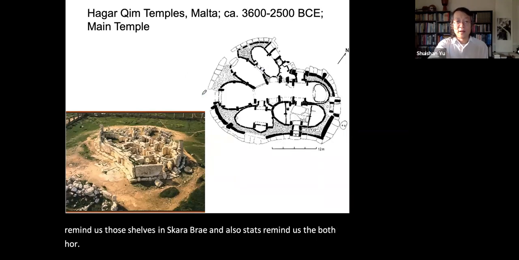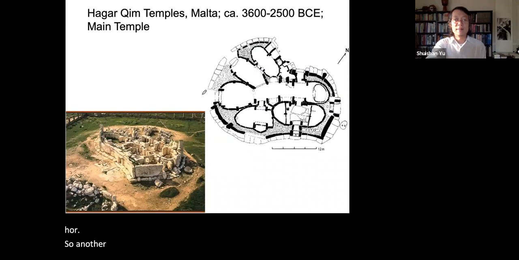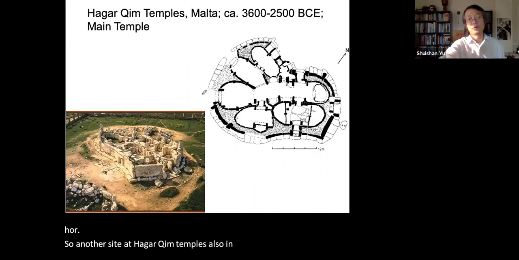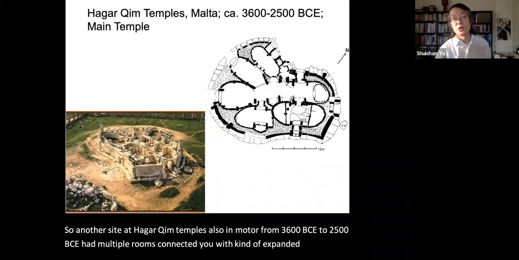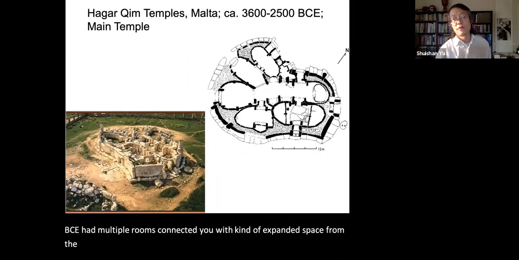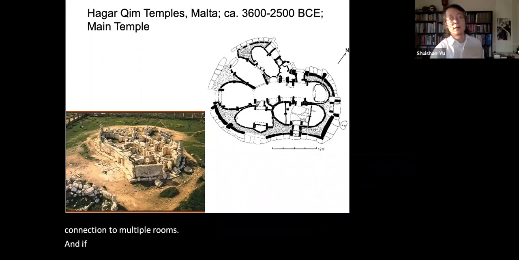So another site at Hagar Qim Temple, also in Malta, from 3600 BCE to 2500 BCE, had multiple rooms connected, with kind of expanded space from the original profile of the goddess. Like here, it's expanded to make connections to multiple rooms, and thus created a bigger structure.